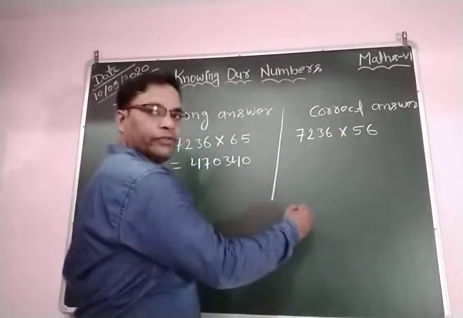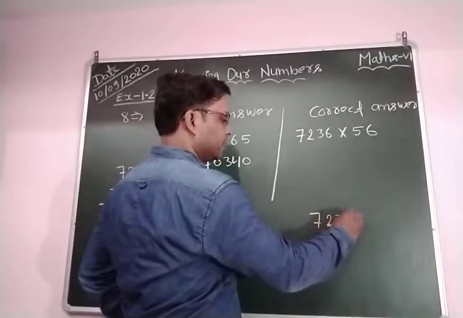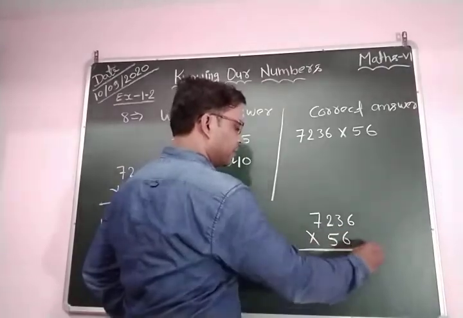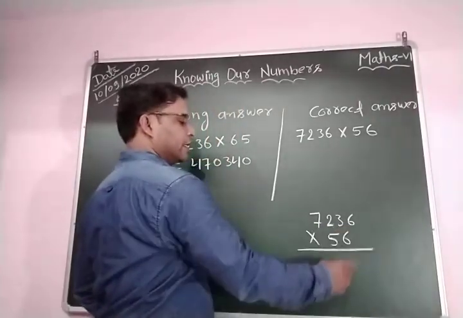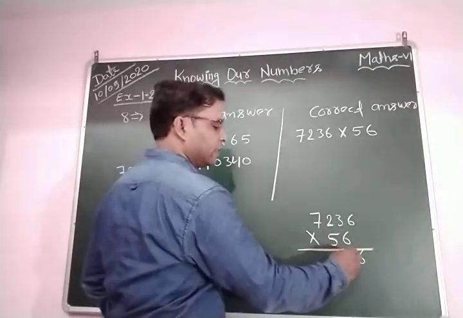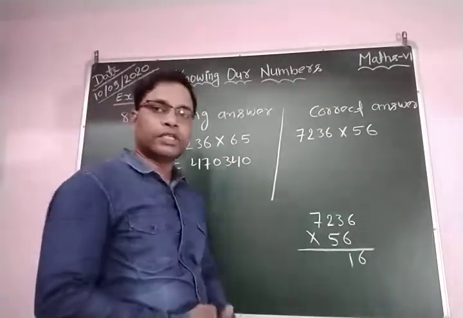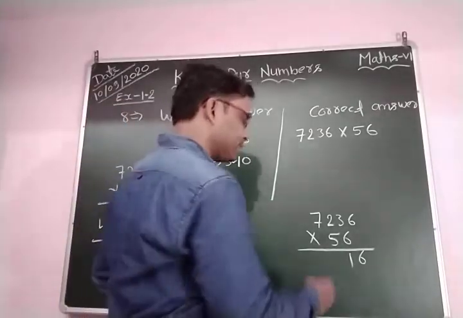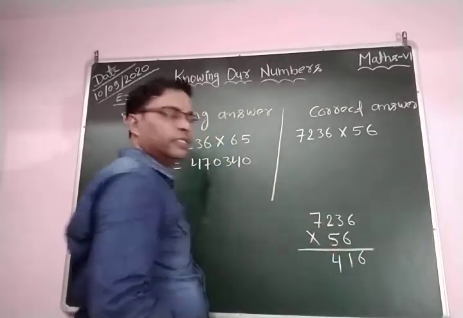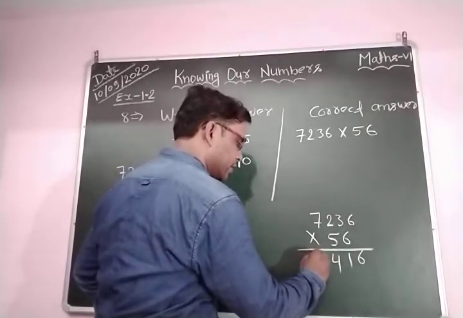Here we multiply 7,236 into 56. 6 sixes are 36, 6 threes are 18, 18 plus 3 is 21, carry 2, 6 twos are 12, 12 plus 2 is 14, carry 1, 6 sevens are 42 plus 1 is 43.